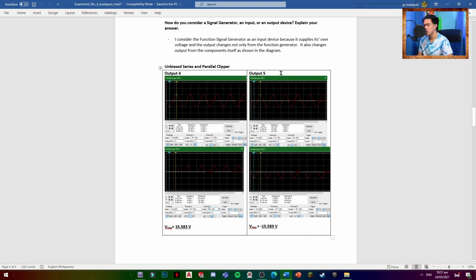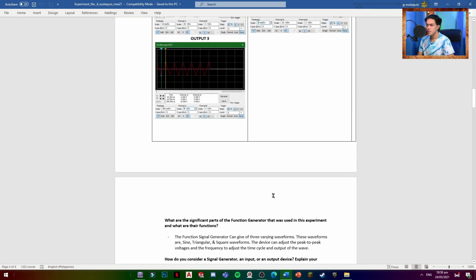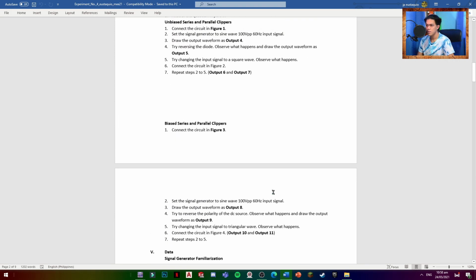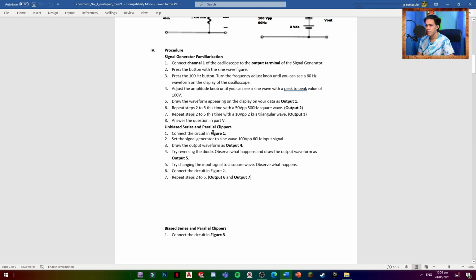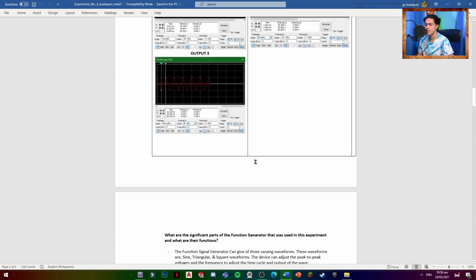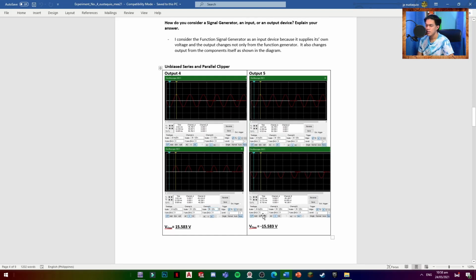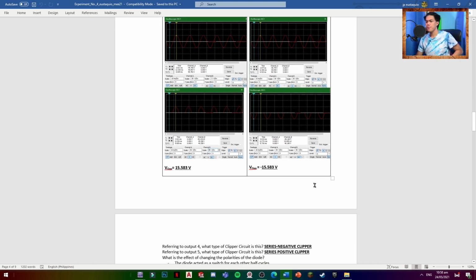For output number 5, I have the same voltage peak to peak of 100, and because the procedure says we should reverse the diode, this is what happened. The voltage output became negatively charged, which is negative 15.583 volts.